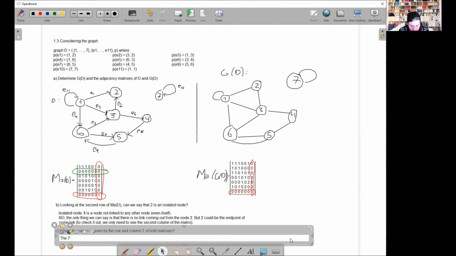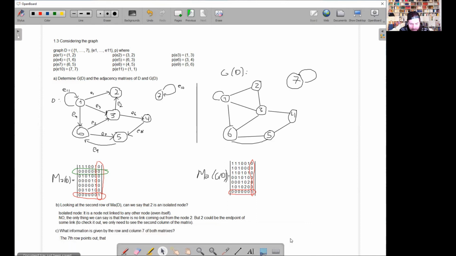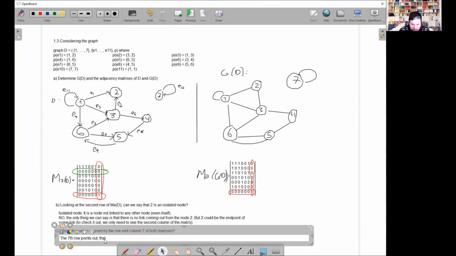The 7th row points out that there is only one link coming out of the node 7, where 7 is also the endpoint of that link.